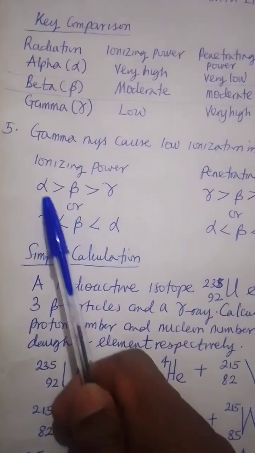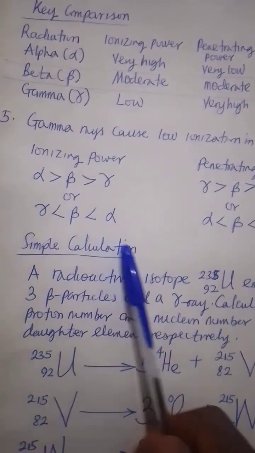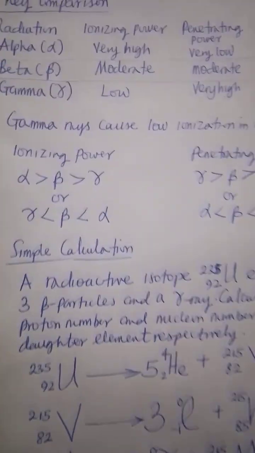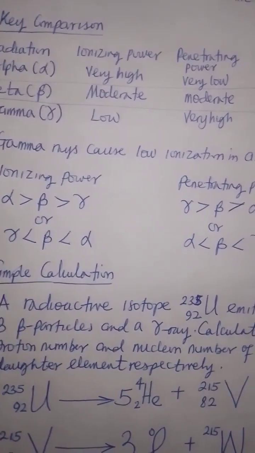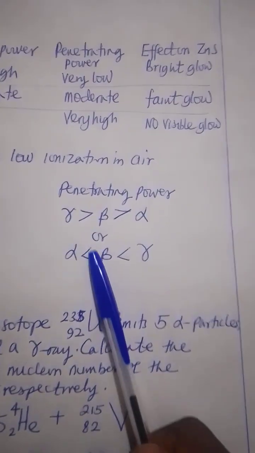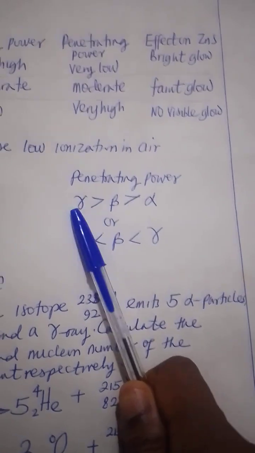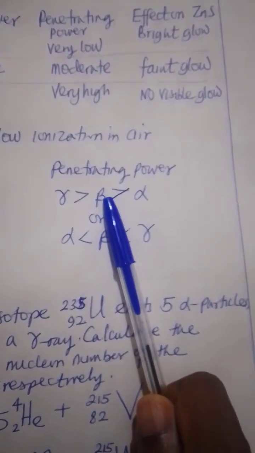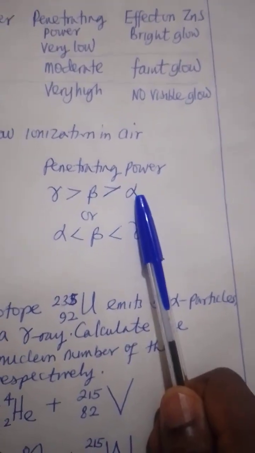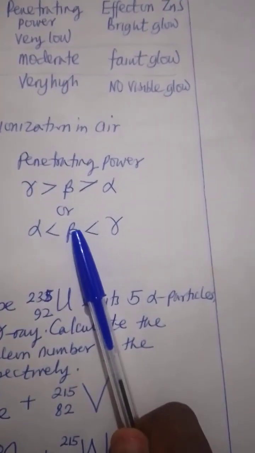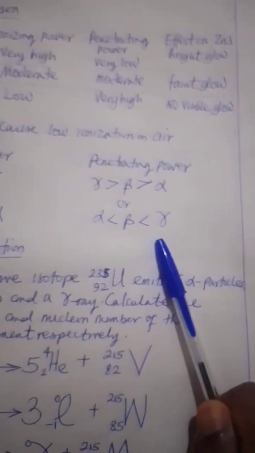This way of representing the radiation is common when you're writing exams like JAMB or WAEC. Penetrating power. Gamma is leading now. Gamma is greater than beta, and beta is greater than alpha, or alpha is less than beta, and beta is less than gamma.